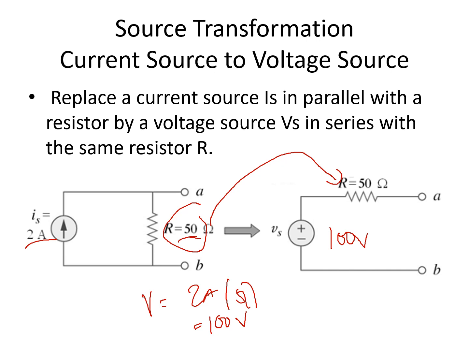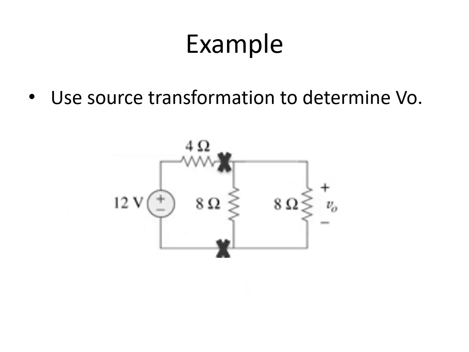Okay, so let's have an example. Use source transformation to determine Vo. Since we have a voltage source, let us convert that into a current source.